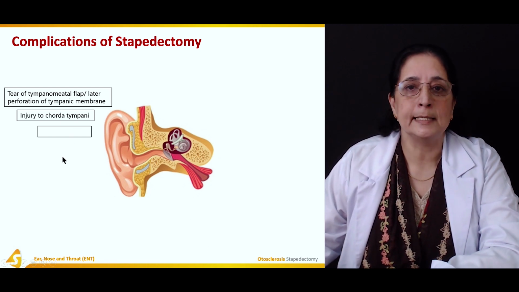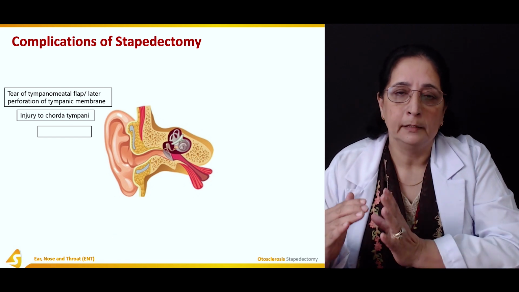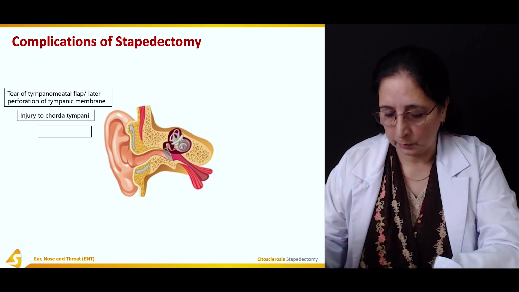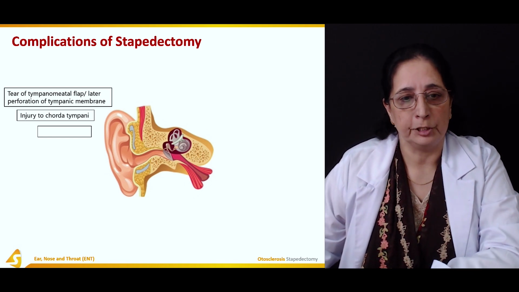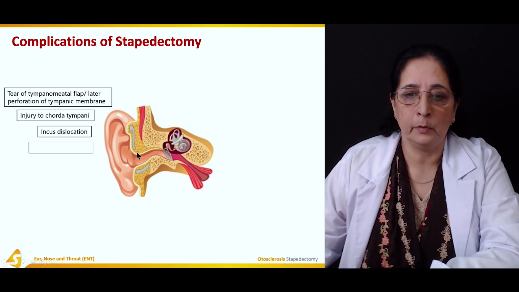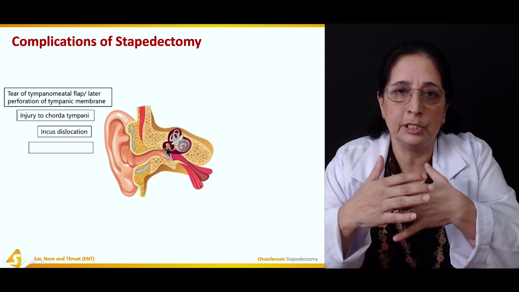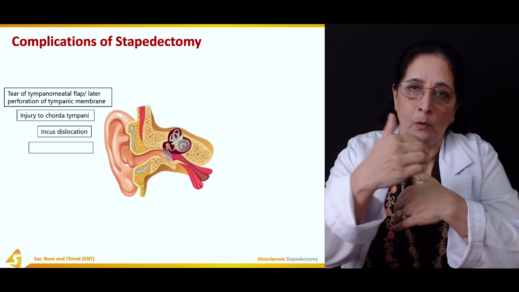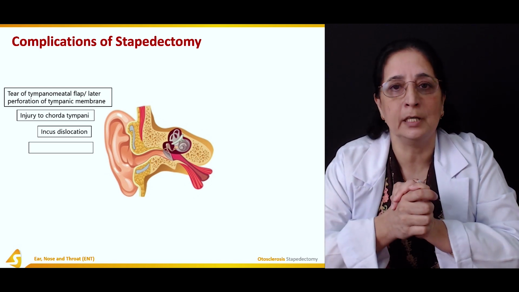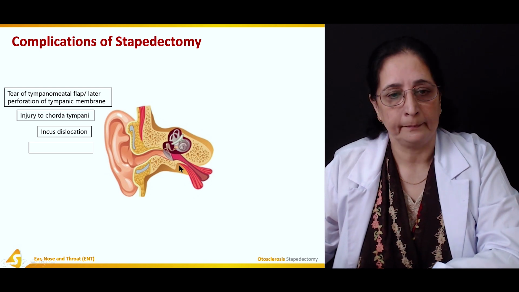Injury to the chorda tympani: we saw in the previous diagram that the chorda tympani is very close, so it can be damaged. Incus dislocation: the prosthesis which is inserted holds on to the incus process, so incus dislocation is very likely because of pressure on the incus.